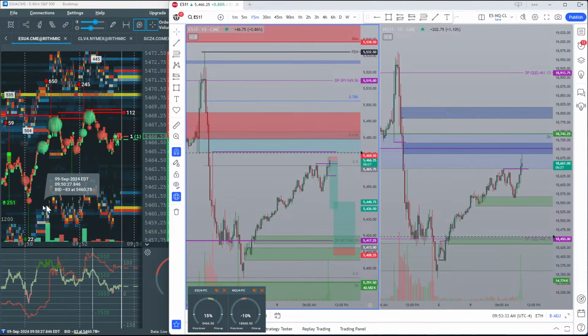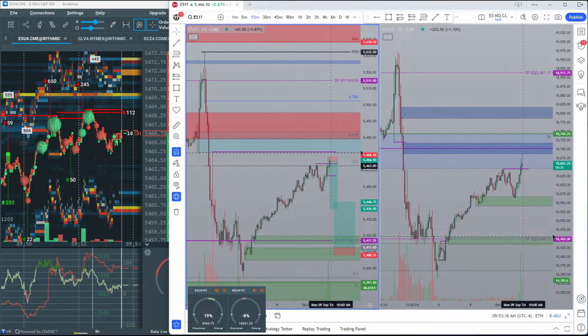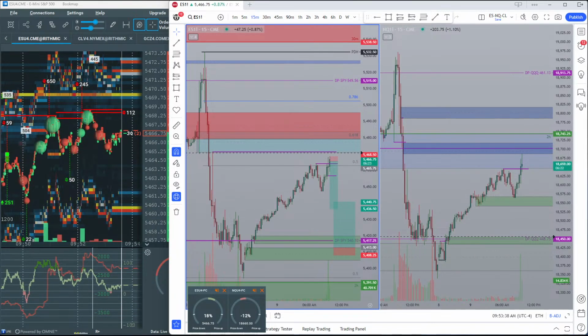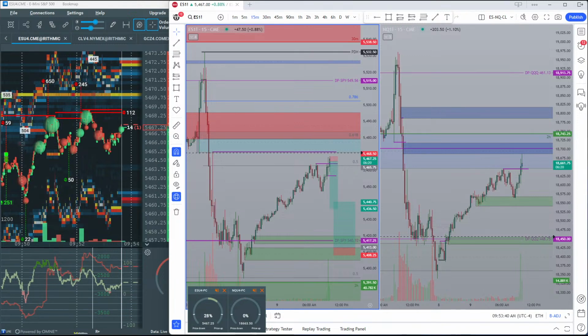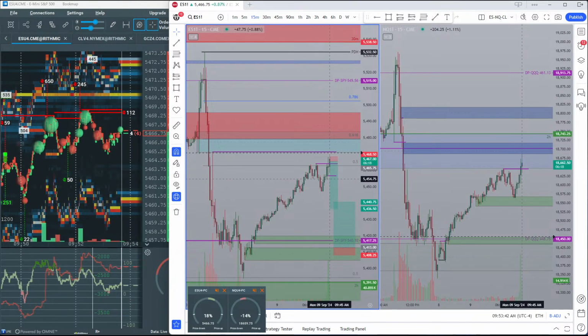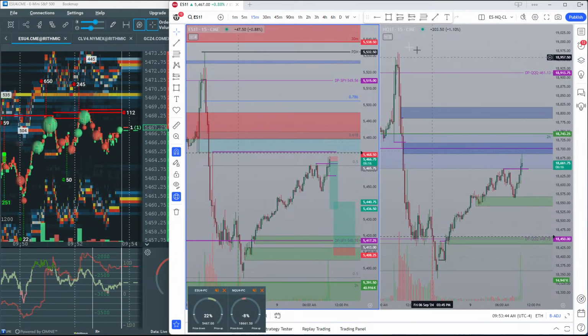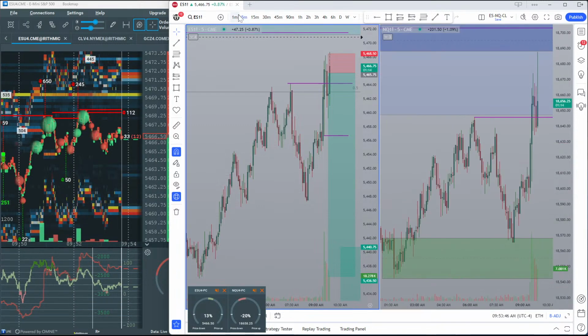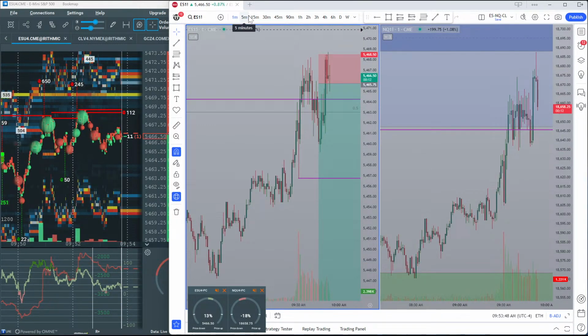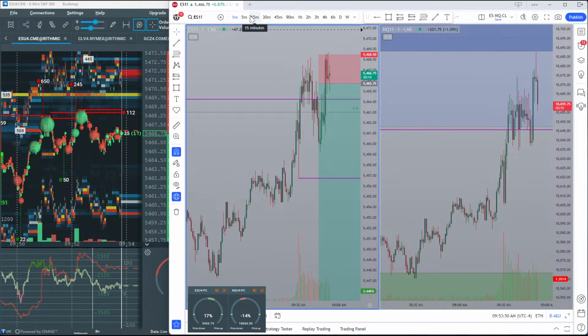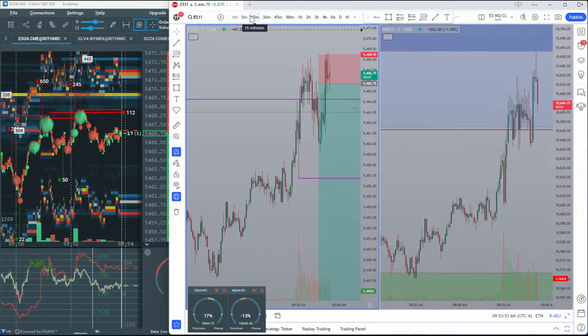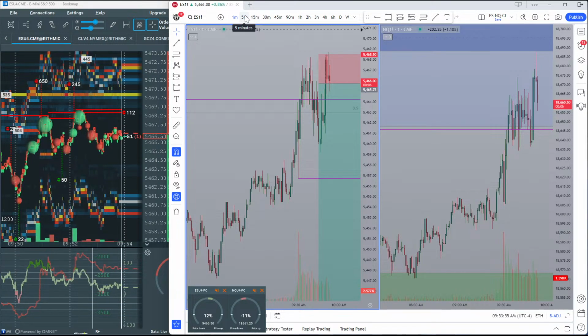Just going to wait. Now they switched again, right? ES is a bit stronger than NQ. So it's just a very, very tough market. Should not be traded if you don't have your edge.